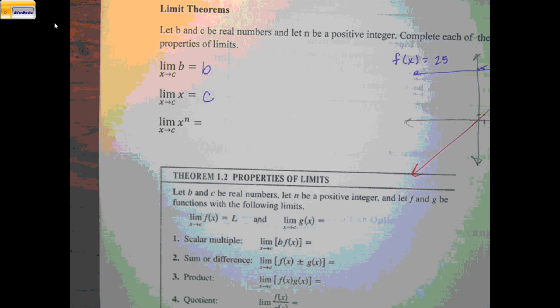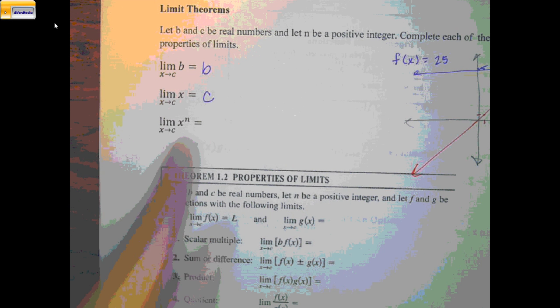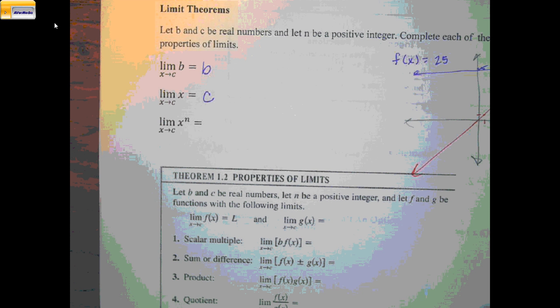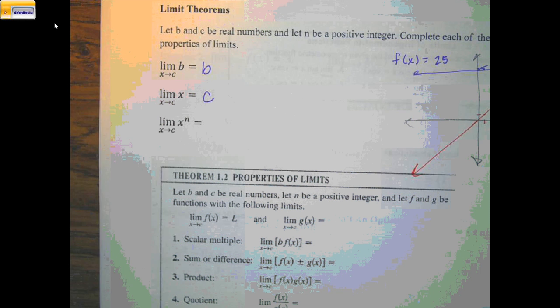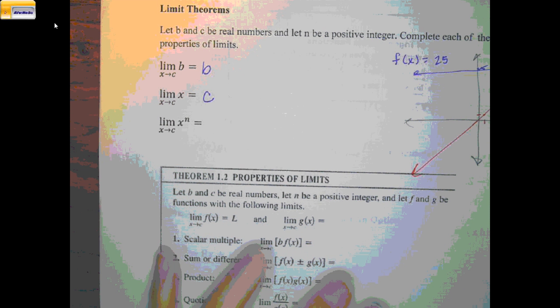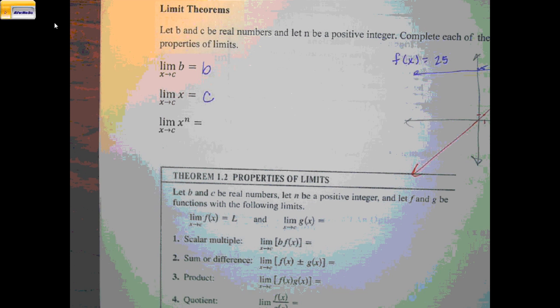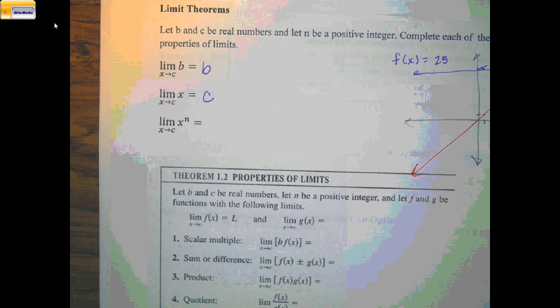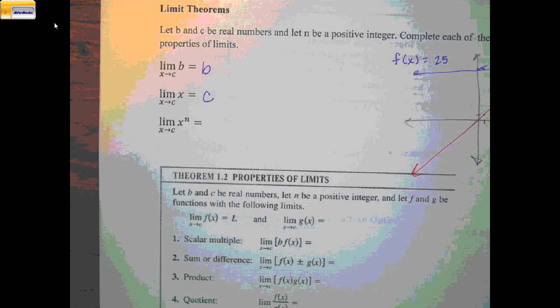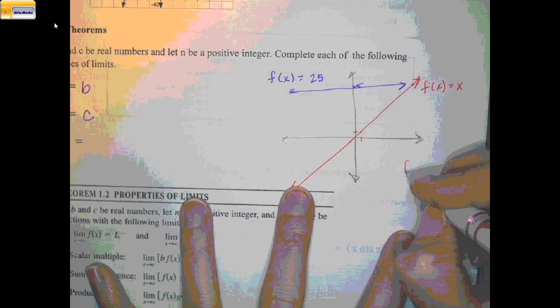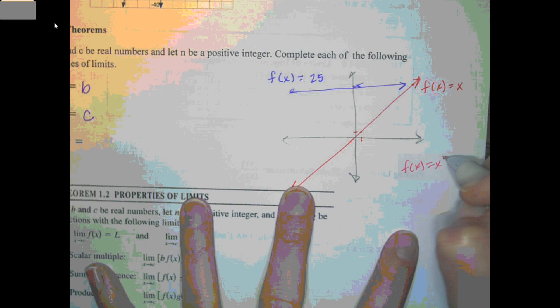Exponents. N is a positive integer. Squared, cubed, to the 10th. Think about how we're going to write that. What if this time f of x was x squared?